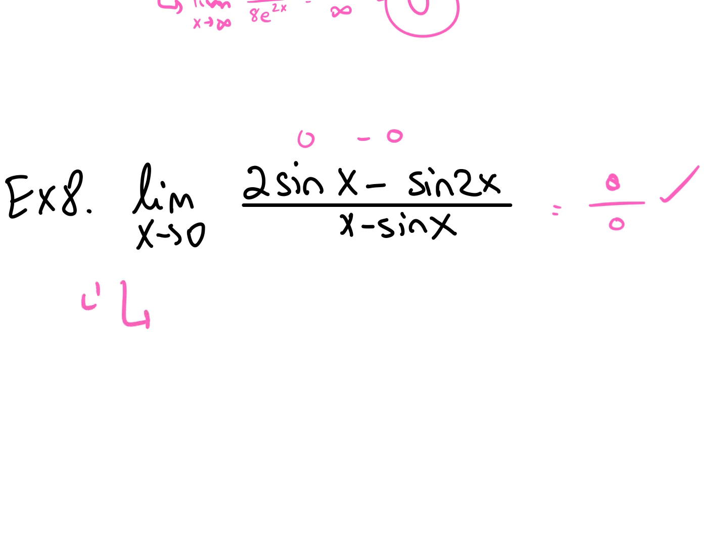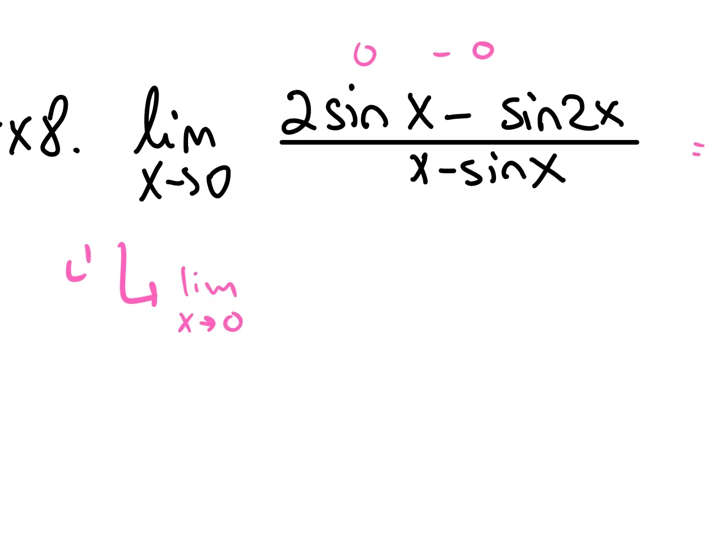So we're going to take the derivative of our numerator and the denominator. So let's just do one term at a time on top. We've got 2 times the sine of x. What would our derivative be here? It would be 2 cosine x. When you take the derivative of cosine, it's negative sine.